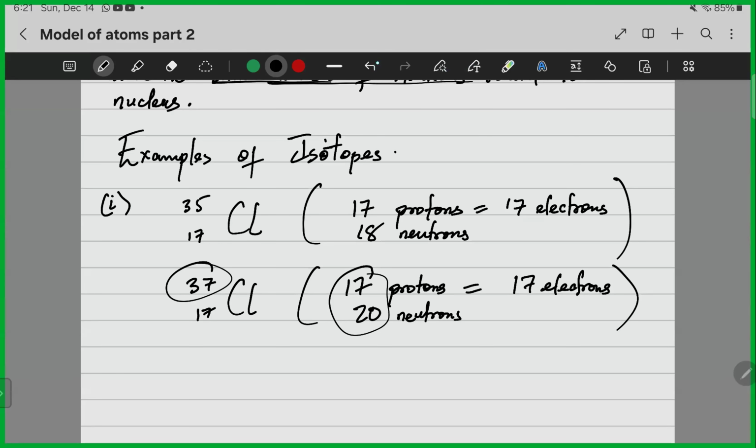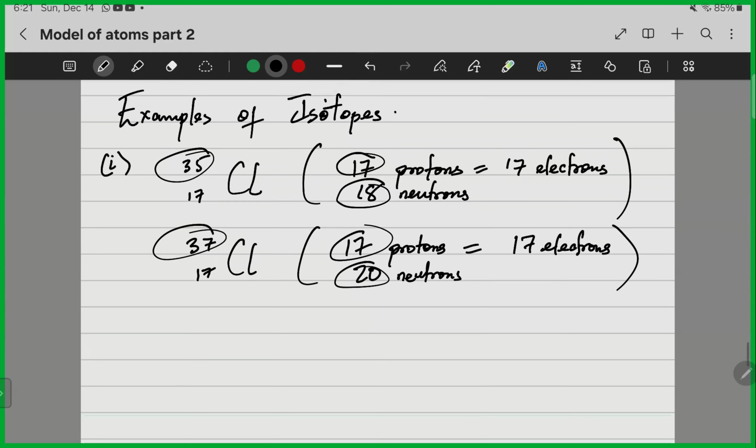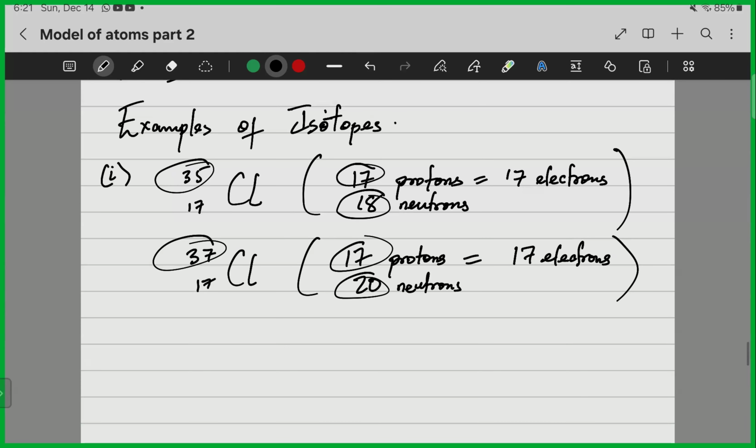That is the idea. Meanwhile here, 17 plus 18 is what gives you 35. So these two things are the same, these two things are the ones that are different, and that's what makes isotopes. What causes that difference is the difference in the number of neutrons, because both numbers of protons are the same. So that's an example of isotopes, and that exists in what we call chlorine, Cl. You must be used to that by now.